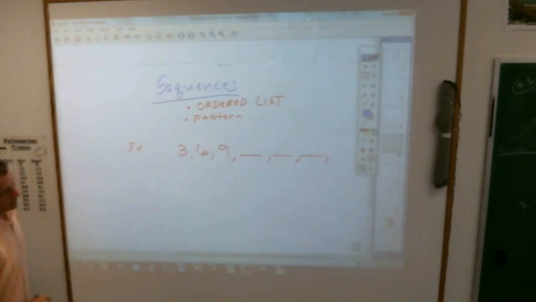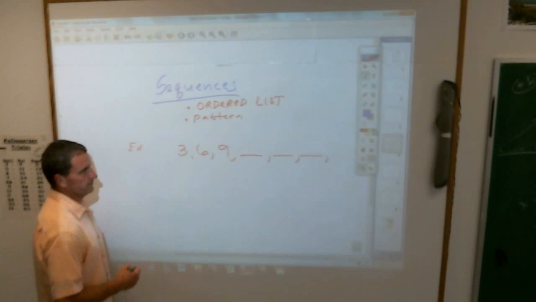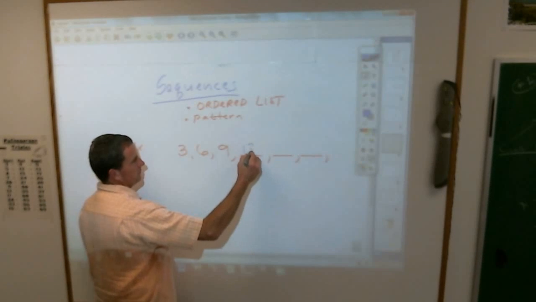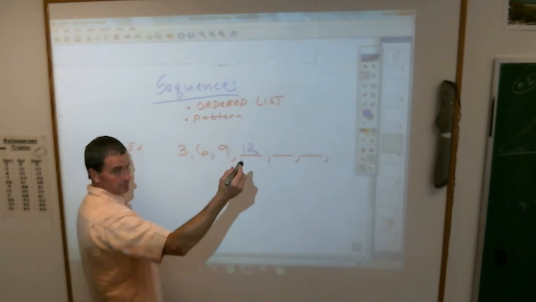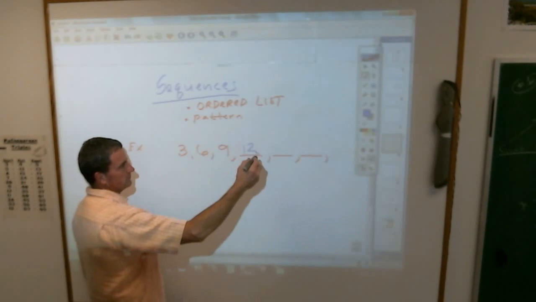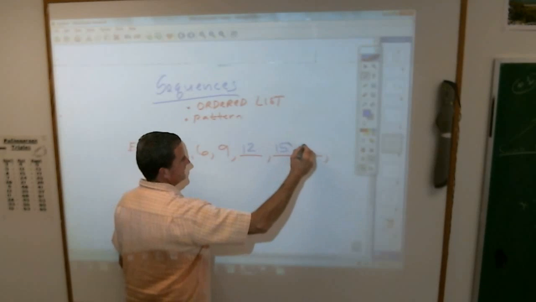What do you think are the next 3 numbers in this sequence? Find the pattern. Joseph? 12. Lauren? 12, 15, 18.